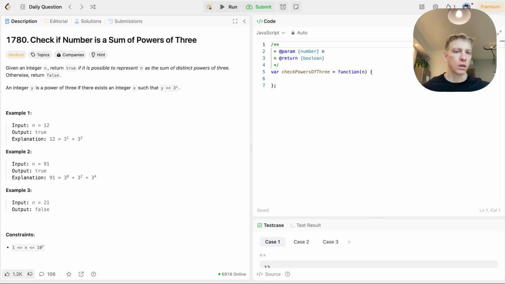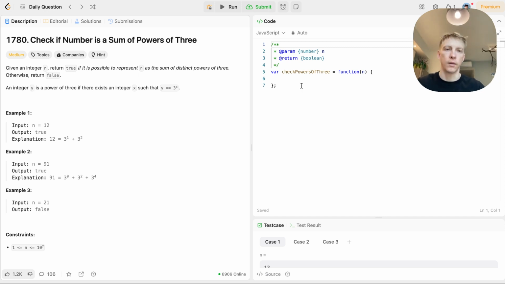If it is not 0 and we are not able to find the next number, then we should return false.